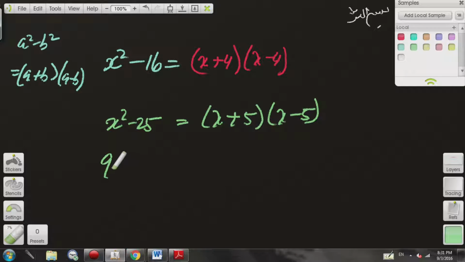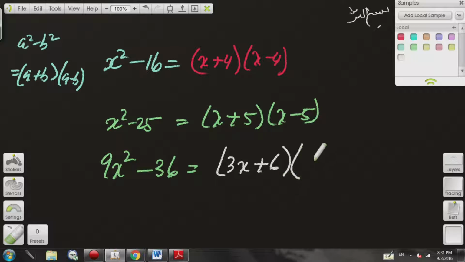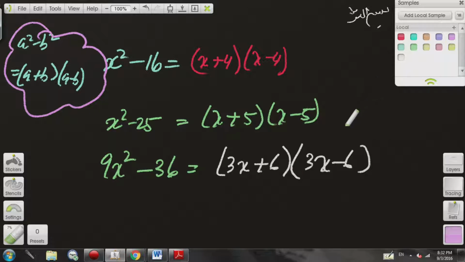Now watch this. 9x squared minus 36. This factors into 3x plus 6 and 3x minus 6, a squared. Do you follow? Very, very important. You have to know this. Okay? Alright. So we did that one.